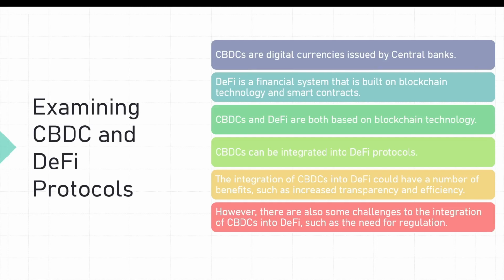You can trust DeFi protocols because it's all about algorithms. So it could be beneficial for both. However, this fusion of CBDC and DeFi is not without its challenges. Striking a balance between the decentralized ethos of DeFi and the regulatory requirements of CBDC is a challenging task, which we will explore further in this discussion.